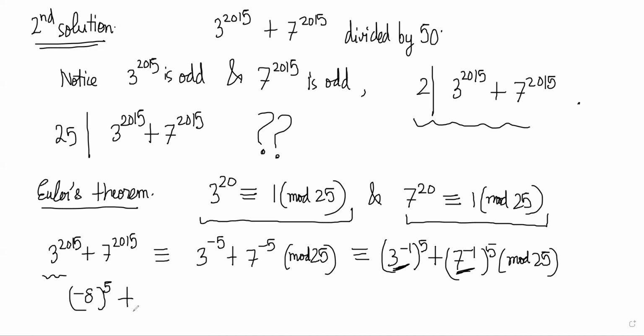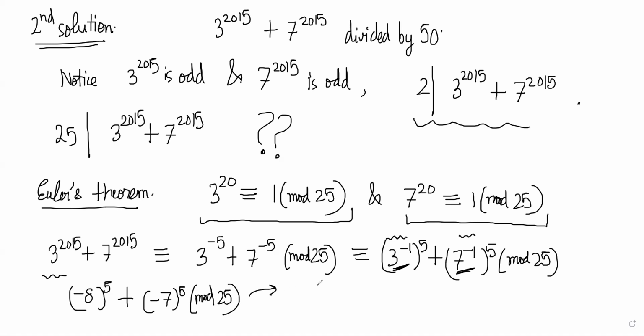So plus minus 7 power 5. I'm writing the inverse of these numbers modulo 25. Again, this is a concept in number theory that you need to be aware of: how to take the inverse of a number modulo a particular number. So this is what is coming.